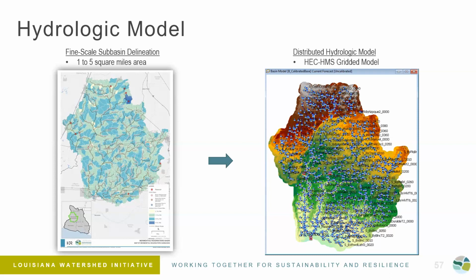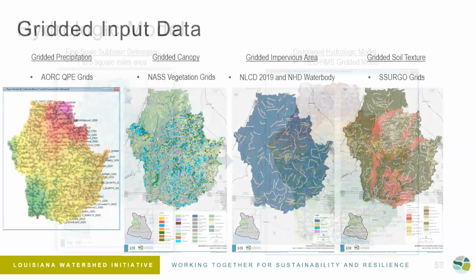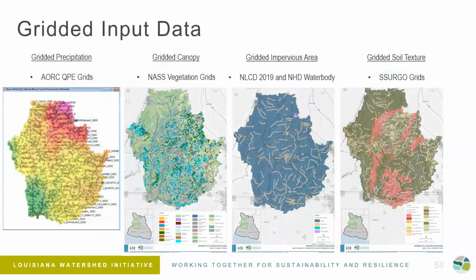So as far as sub-basin delineation goes, we tried for a 1 to 5 square mile target. So pretty detailed information. And this is just the image on the right is what the HMS model looks like. So these are all essentially sub-basin inputs. The thing to note about this, though, is we're using distributed modeling techniques. So essentially what we're doing is if you call back to the LiDAR, you have an idea of what's going on, 5 feet here, 10 feet there.